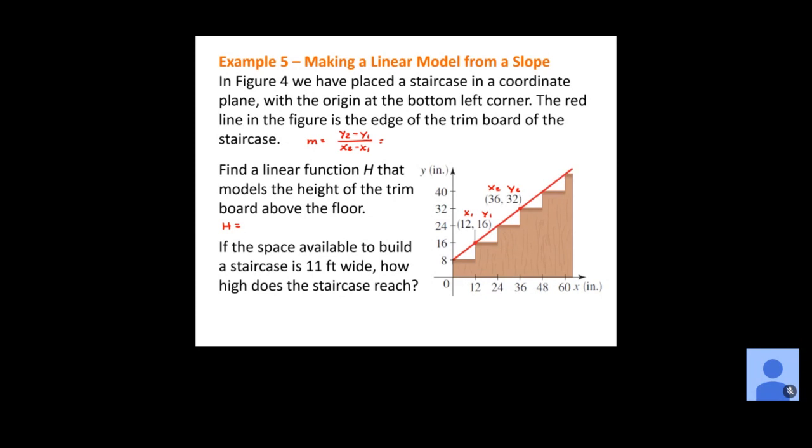If I substitute in there now, I'm going to start with my y's. So 32 minus 16 over, and then 36 minus 12. So if I simplify that now, what's that going to give us?